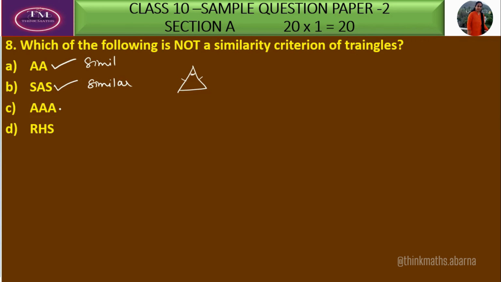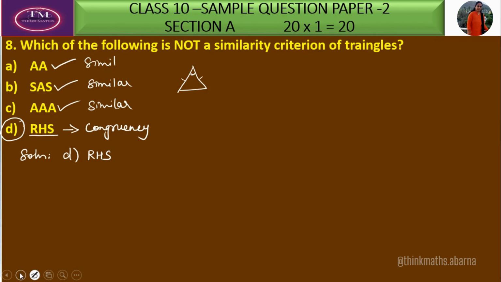If three angles are equal, then it is also a similarity criterion. What about RHS? This is right angle, hypotenuse, side. This is for congruence, so this doesn't say anything about similarity. RHS criteria is about congruency. So this is not a similarity criteria. So option D is our correct choice. The solution is D, RHS.